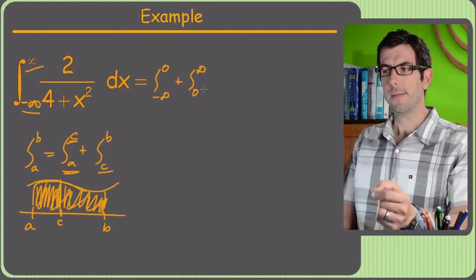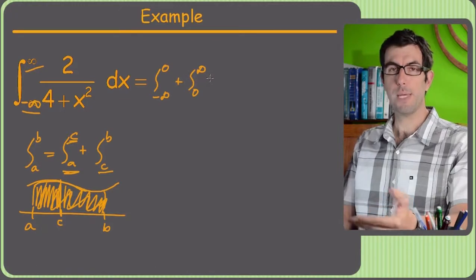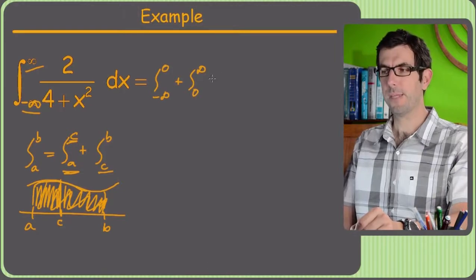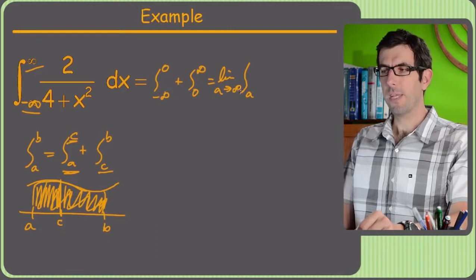But the cool thing here is that we've got just two basic improper integrals that we can deal with separately, so we can use the same technique we used in the last one. Now we'll need a different a and b situation. We'll take the limit as a approaches negative infinity, because it's a lower limit, so replace negative infinity with an a.